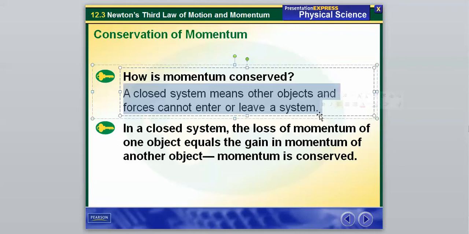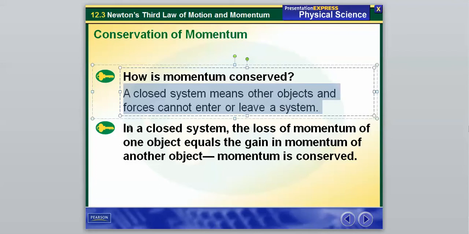It's isolated, with nothing else acting on it. Nothing can leave. Basically, nothing can really affect our calculations besides what's actually going on, so no friction, no other outside forces. So we're going to focus on a closed system today.